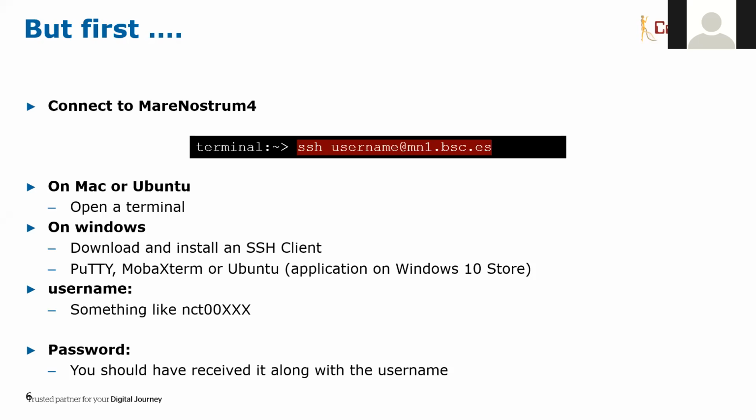Hello, good morning. Just a very quick question. So these usernames should be NCT01 and then the specific? It depends on what you have received. You should have received an email with your username, and I'm pretty sure they all begin with NCT.